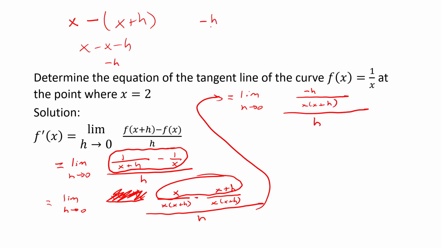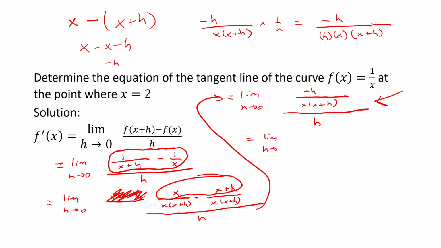Now, if you take this negative h over x times x plus h and you divide it by h, which is what this is telling us to do, that's really like saying multiply it by 1 over h. And so what we ultimately end up getting is negative h over h times x times x plus h. So I'll write that in my next line. I've got the limit as h goes to 0 of negative 1 times h, that's what negative h equals, and then in the denominator, I've got h times x times x plus h.